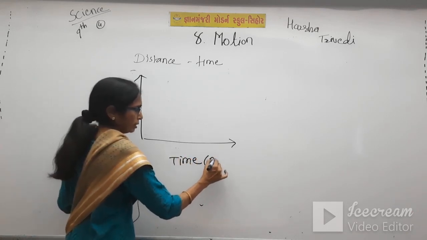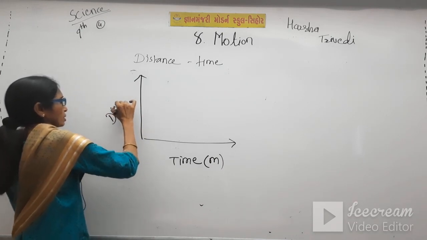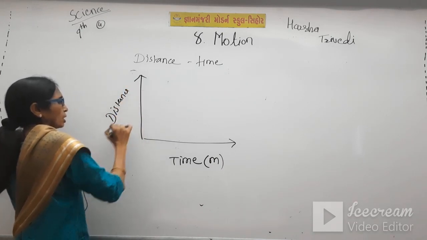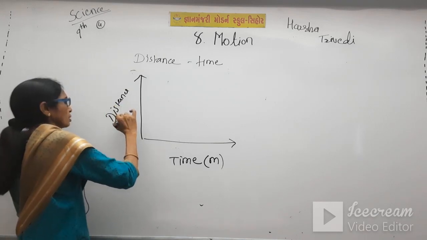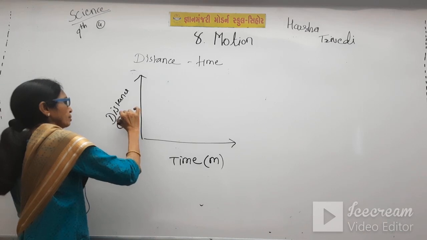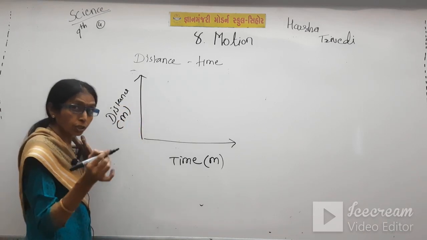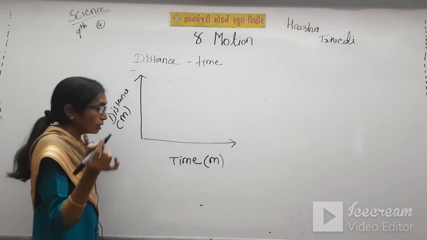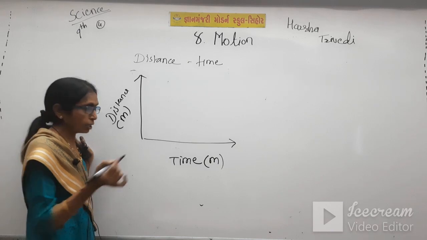Suppose I am taking minutes, and distance on the y-axis is, suppose, in meters. Meter, kilometer, centimeter are units of distance because it is a length. Second, hour, minute are units of time.